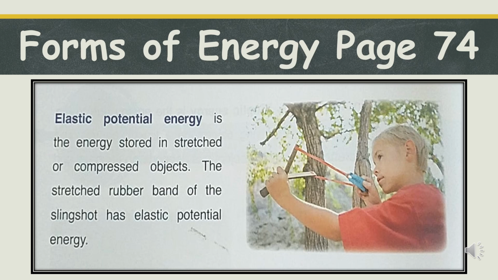If you release it, the rubber band will shoot, in this case, a rock with a slingshot. So that energy from the rubber band is called elastic potential energy. Also, rubber and other stretchable materials contain elastic potential energy.